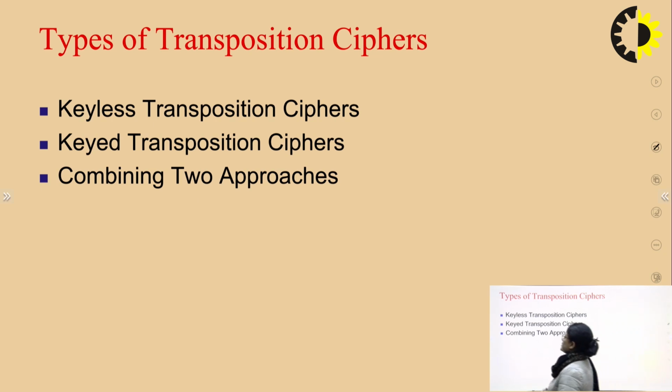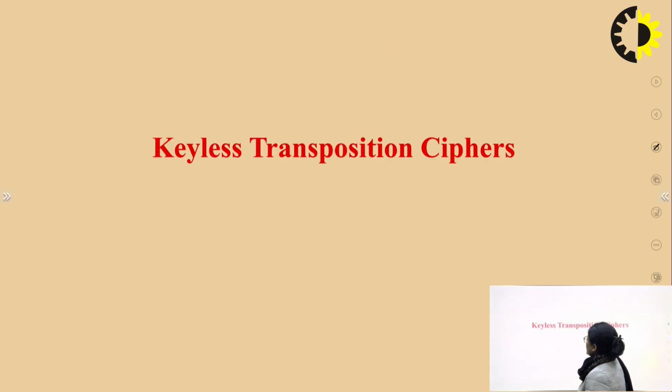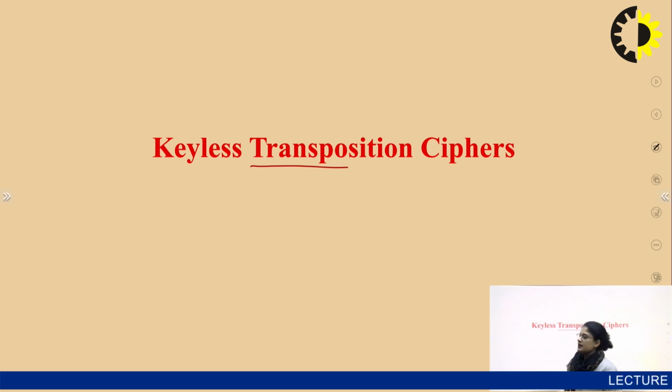There are two broad categories: the keyless cipher and the keyed cipher. We can also combine these two to get a new kind of cipher, by combining the keyless and the keyed cipher. To start with, let us begin with the first one, the keyless transposition cipher.